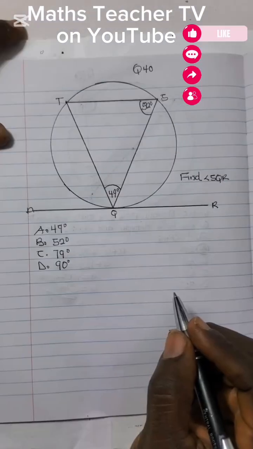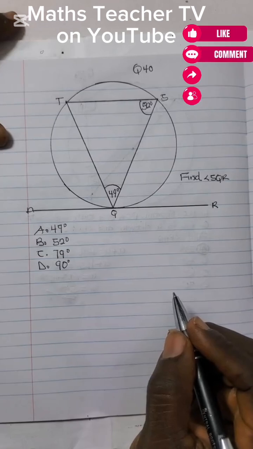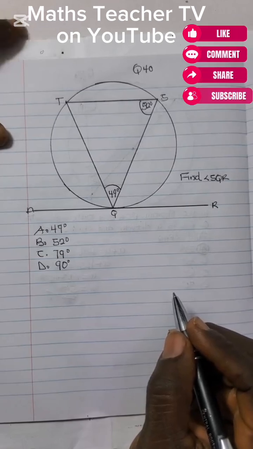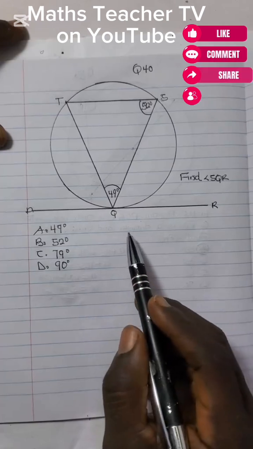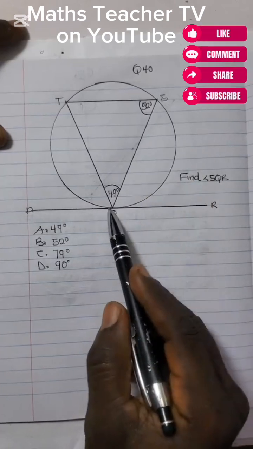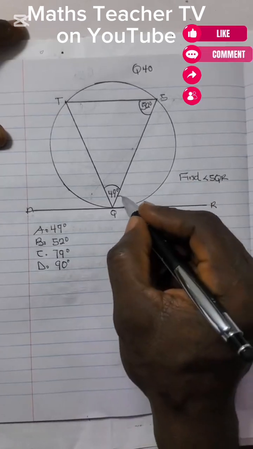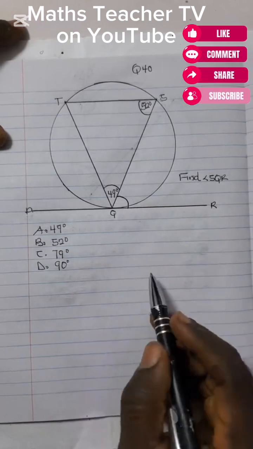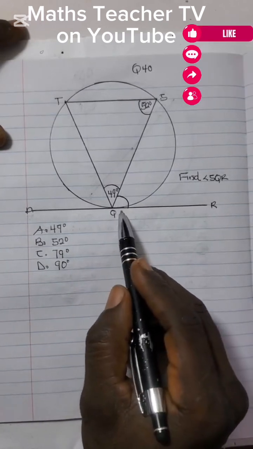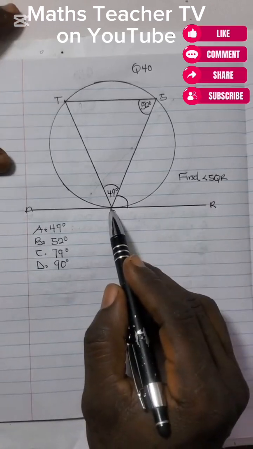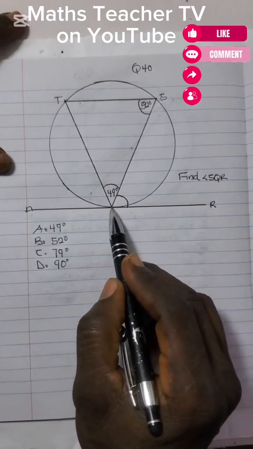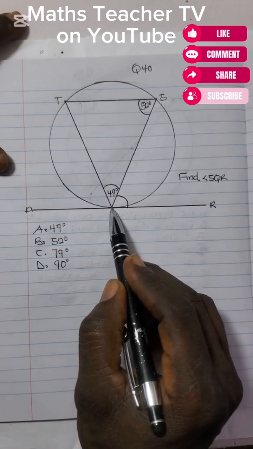This question came in the WASSCE 2026 objectives, and this was question number 40. In this question, we were asked to find the value for angle SQR. So we were asked to find this angle here. All right. So this is an angle that is produced when a tangent is drawn to touch a point on the circle.